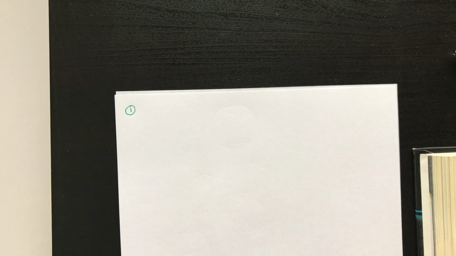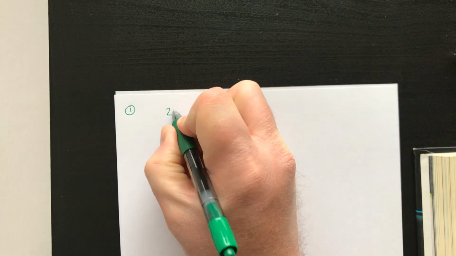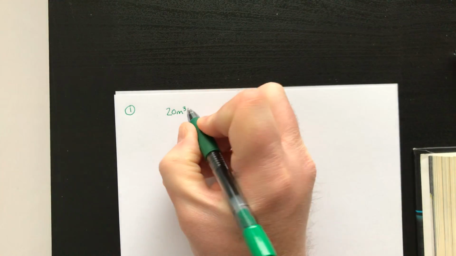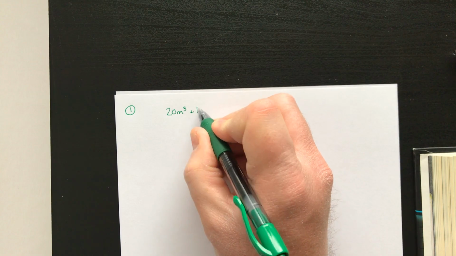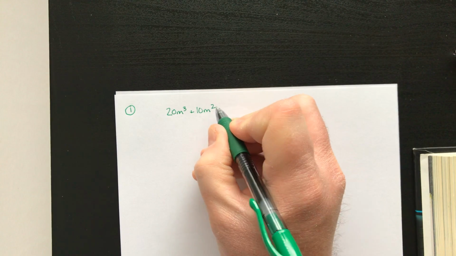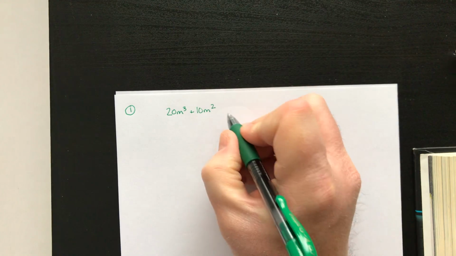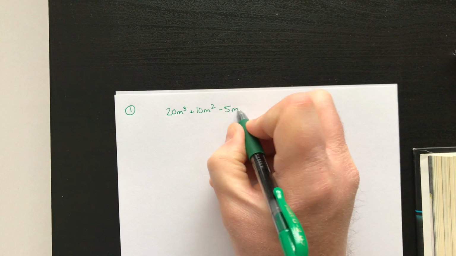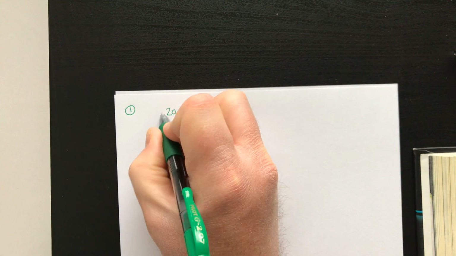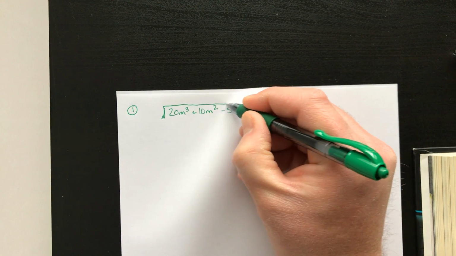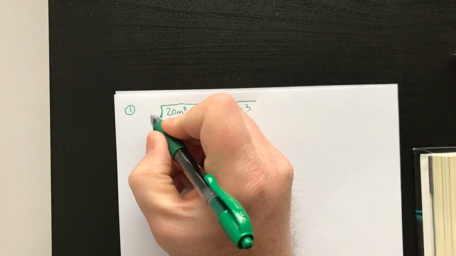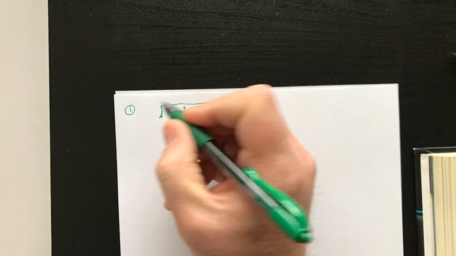Okay. So the first problem says 20m cubed plus 10m squared minus 5m minus 3, and we're dividing this, not square root, all right, by 5m squared.